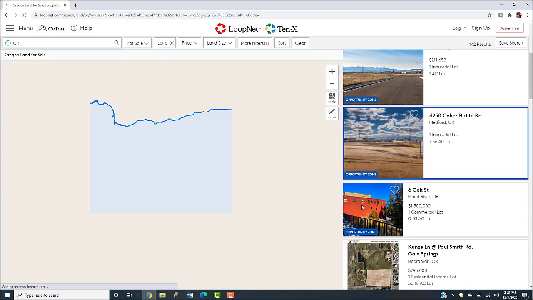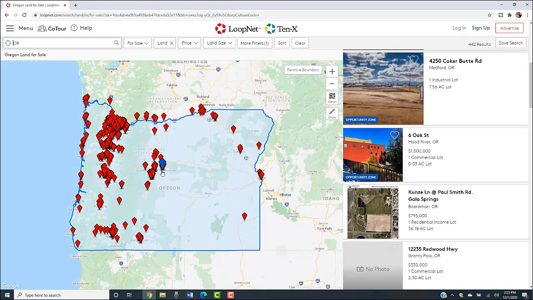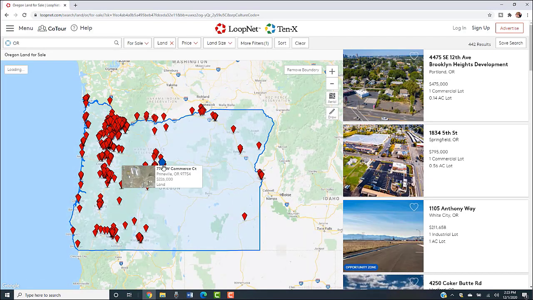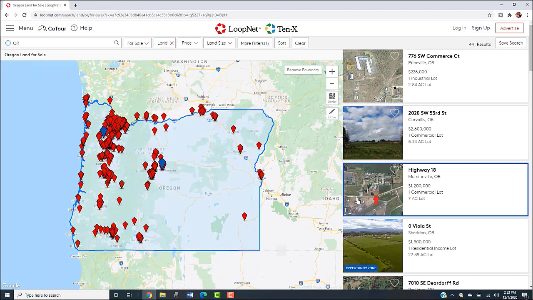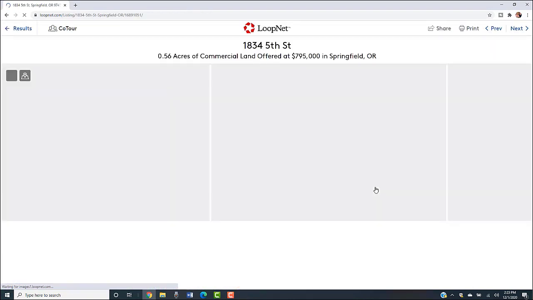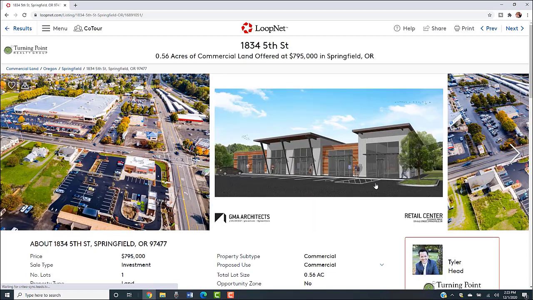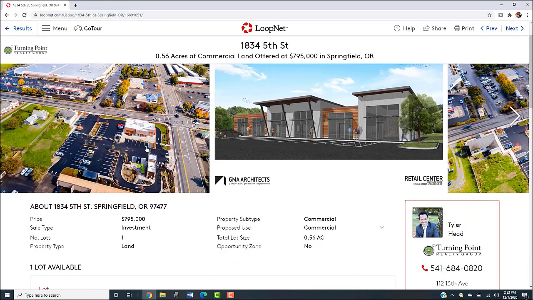As we go down in here, we look around. Let's go over to McMinnville. Here's one in McMinnville. Springfield, Oregon. Here's one. Look at this, a half-acre lot. Now look where this is located.